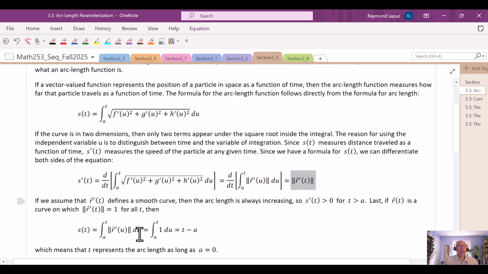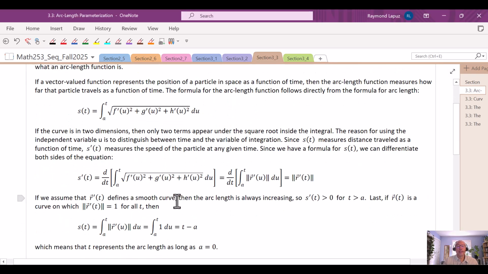If we assume that r prime defines a smooth curve, then the arc length is always going to be increasing. So there's no funny things happening there. Our arc length is increasing because this is always positive, and we're going to go from a to b integrating this, and then we're going to get that. So s of t is always bigger than 0.